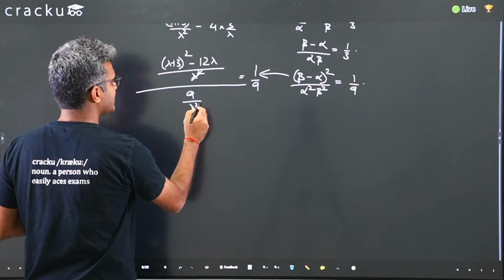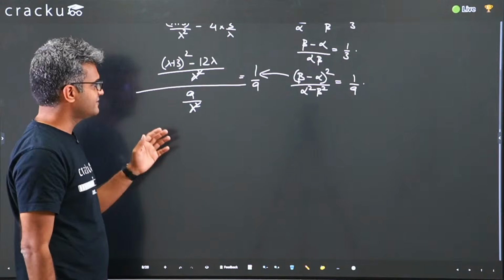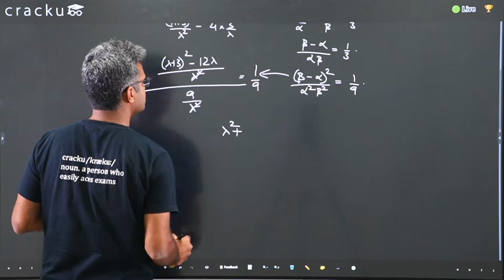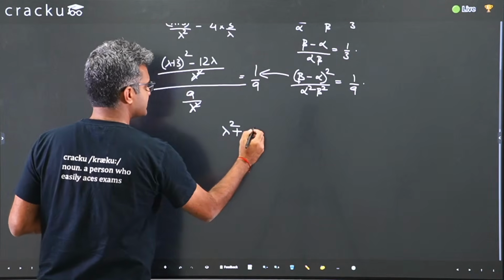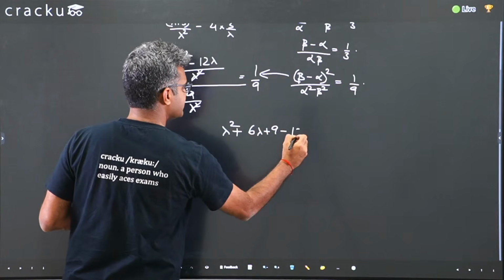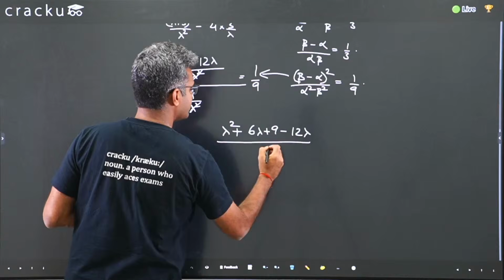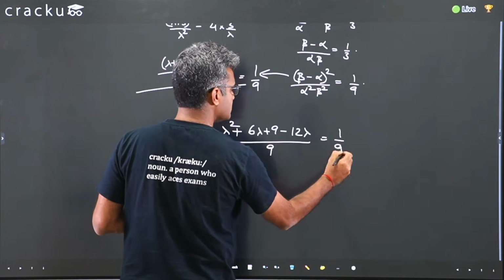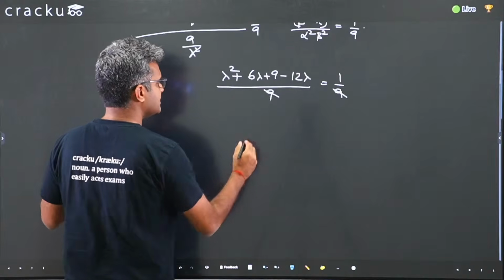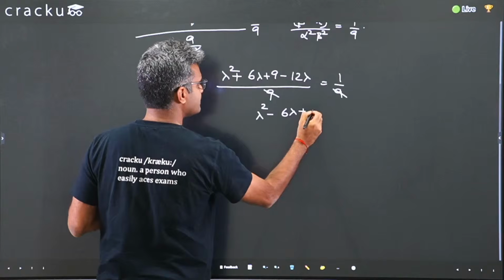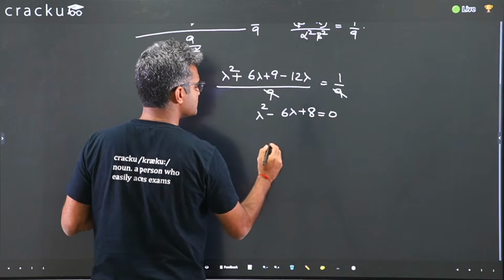In the numerator and denominator we can cancel 1 by lambda square. What is (lambda plus 3) whole square? It is lambda square plus 6 lambda plus 9 minus 12 lambda, divided by 9, is equal to 1 by 9. We can cancel both of them. And the final quadratic equation we have is lambda square minus 6 lambda plus 8 is equal to 0.